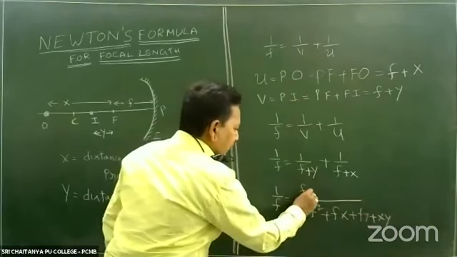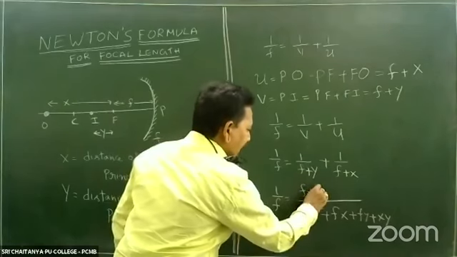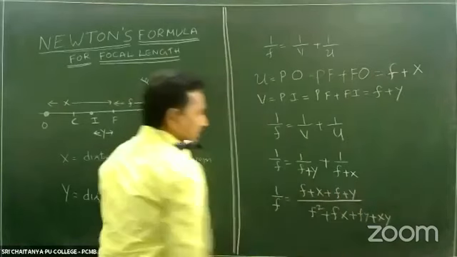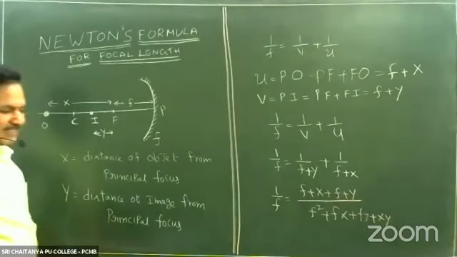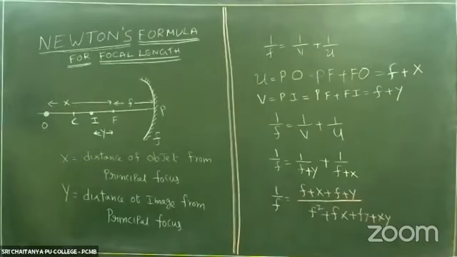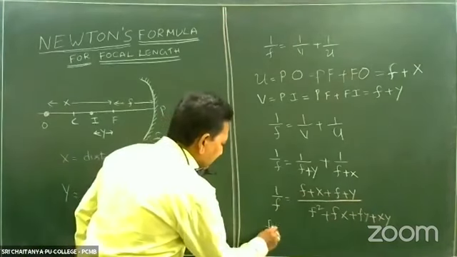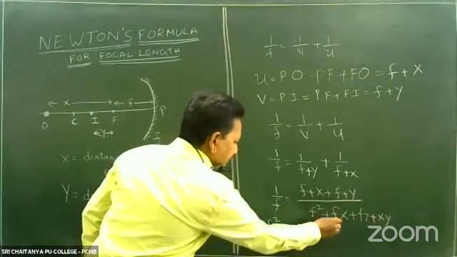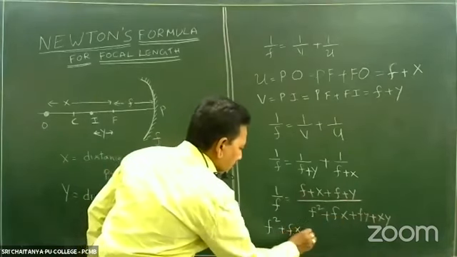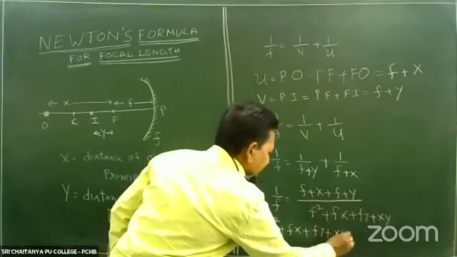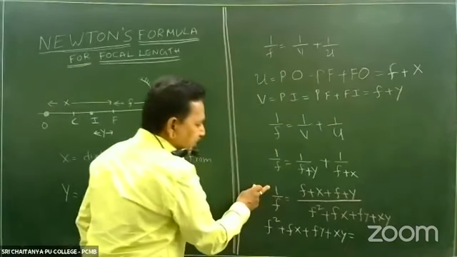Now cross multiplication: f square plus fx plus fy plus xy is equal to this into this.